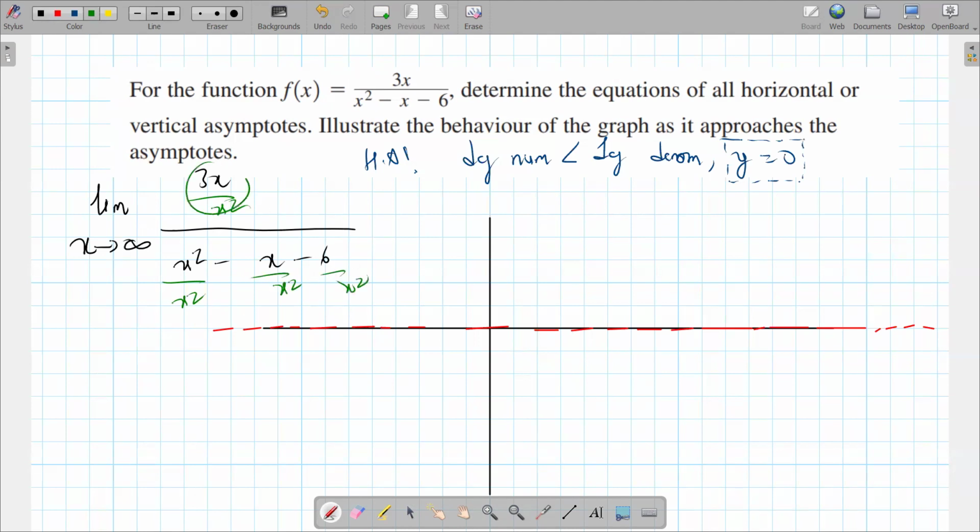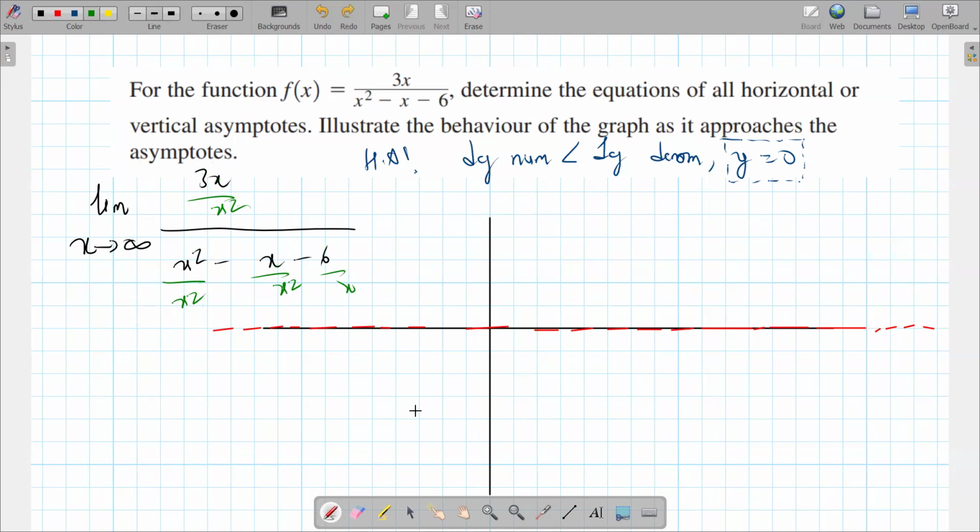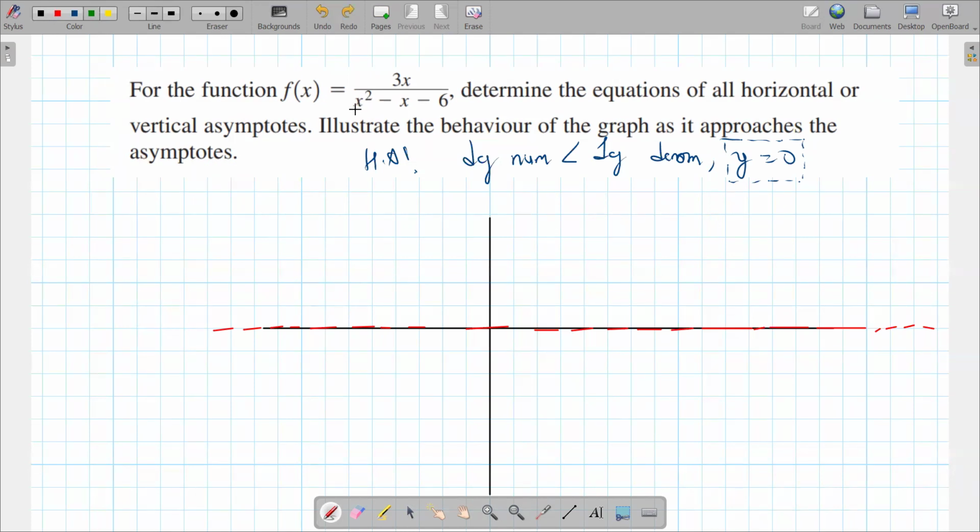And you'll see that this becomes a 0, this becomes a 0, this becomes a 0, this becomes a 1. So you have 0 over 1, 0. That's how we get this. The shortcut comes from the fact that we're using the limit to evaluate the answer. So that would be your step. You just divide everything by x squared, cancel out the x squared, and whatever's left is 0.